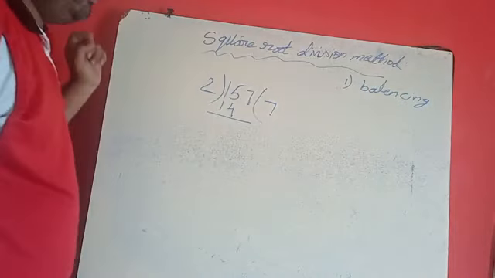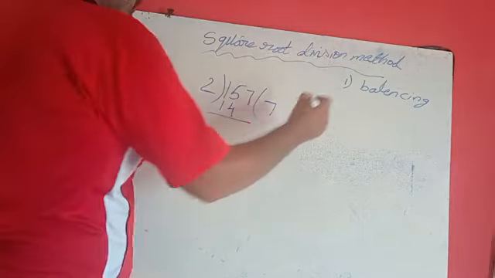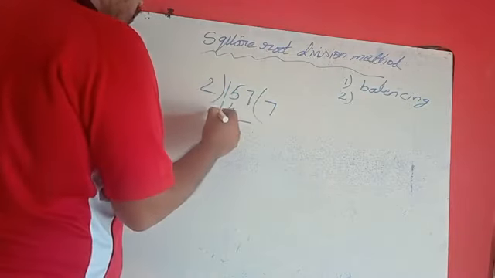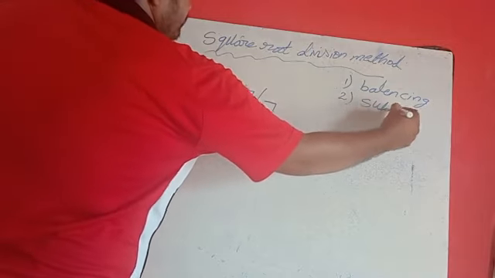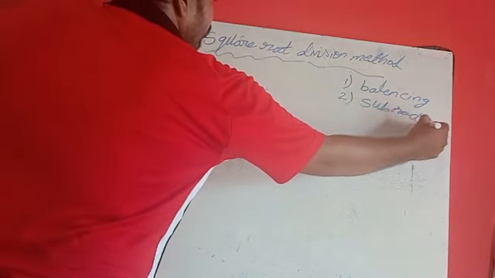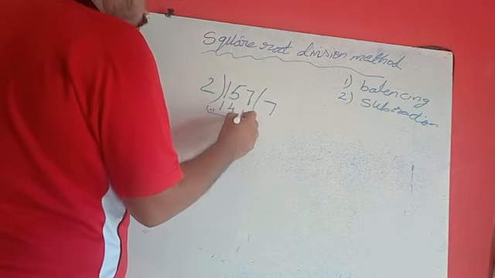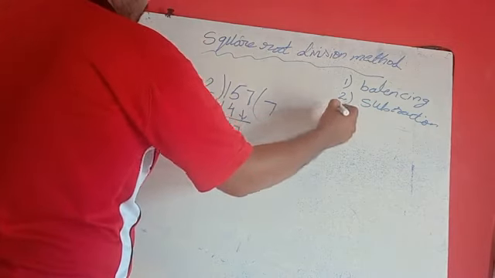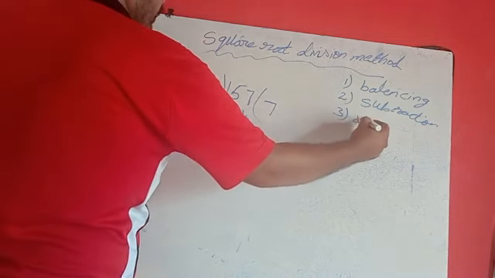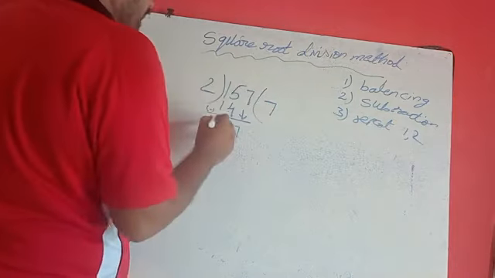After balancing, what do we do? Not addition, we do subtraction. 15 minus 14 is 1. After that, drop the set, 17. Dropping the set. Again, what do we do? Repeat. 1 comma 2, again repetition.